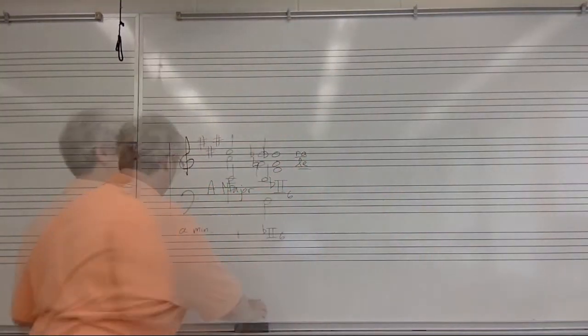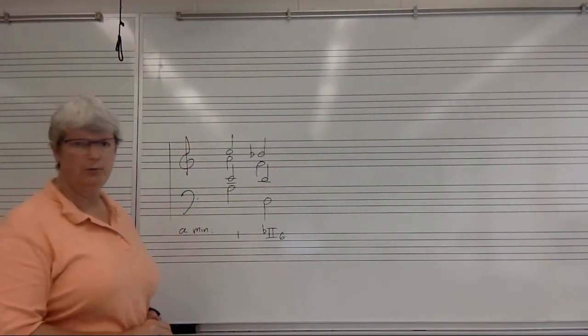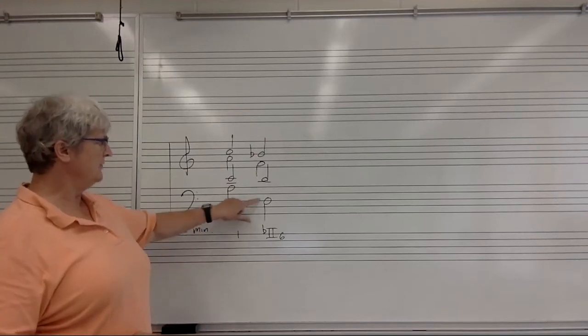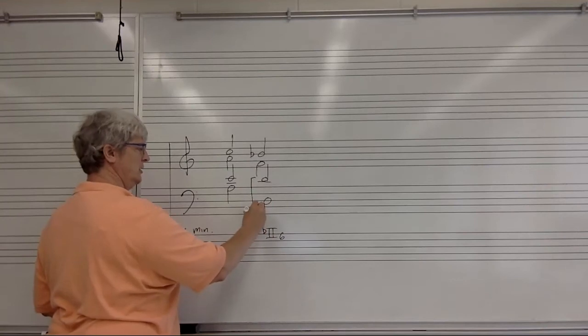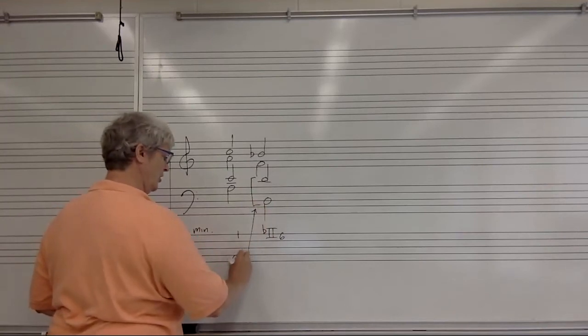Okay, I'd like to show you some basic part writing with the flat 2/6 chord, and then I'll draw this lecture to a close, and I'll talk more about this in the next lecture. So first of all, it's very important that you double the bass note in the Neapolitan chord.